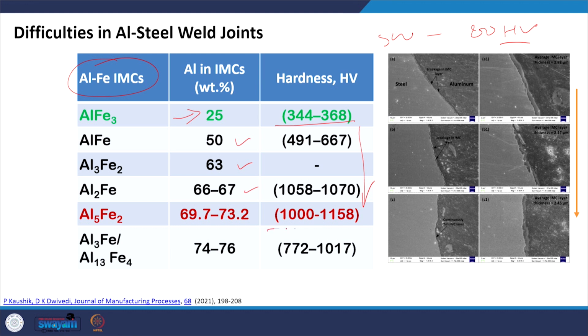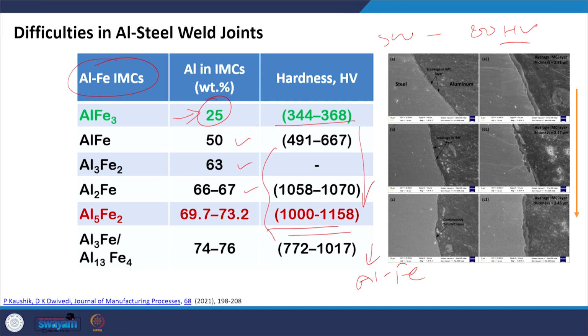But on the other hand, the IMCs which are being formed, rich in aluminum, are extremely hard and brittle. So, aluminum iron IMCs which are rich in aluminum offer extremely high hardness and brittleness. It is still favorable, not that harmful, to have the aluminum iron IMCs with low aluminum content.